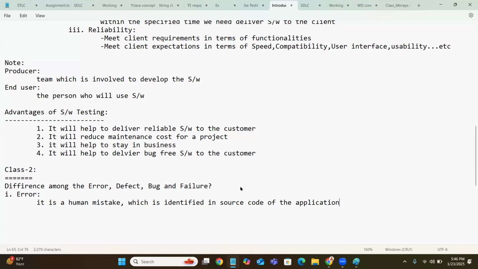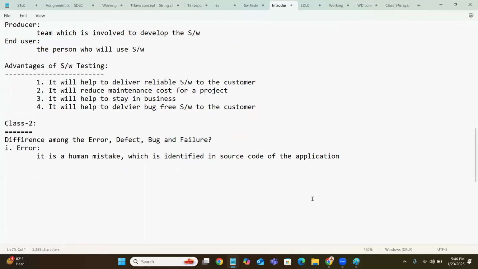It is a human mistake which is identified in the source code of the application.